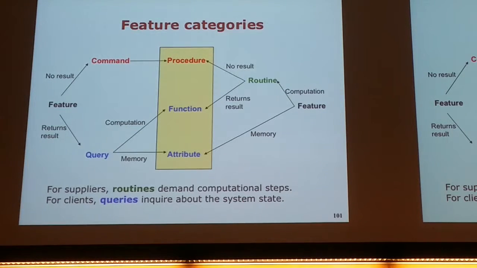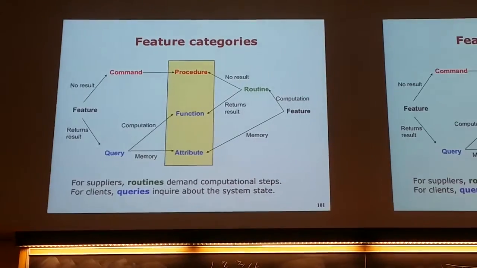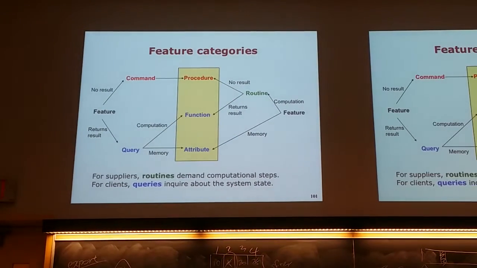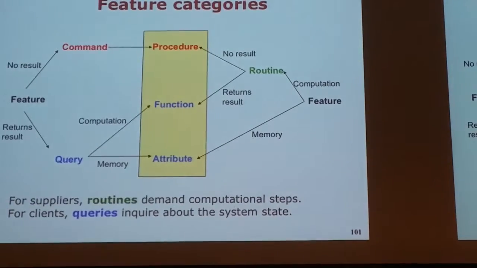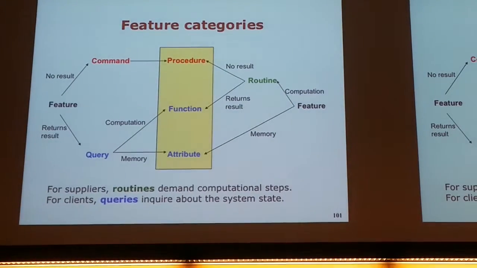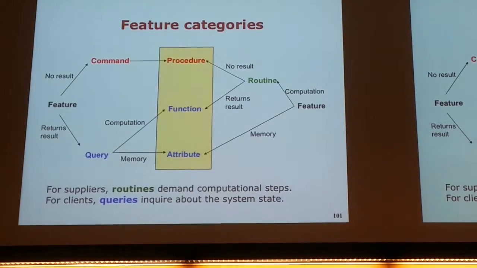Remember the uniform access principle. When the query doesn't take any arguments, like say the balance in the bank, it doesn't matter how you implement the balance. You might implement that by storage as an attribute, or you might implement that by using a computation, a function. Refer to video 8 for that if you haven't got there.